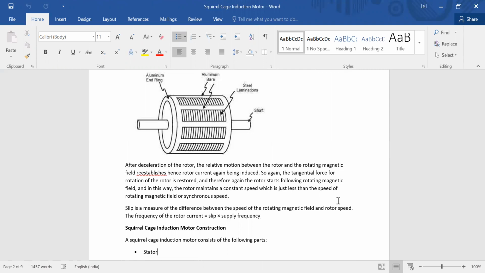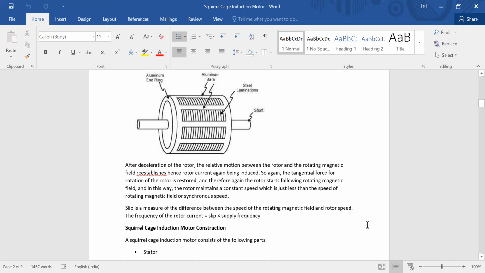There is again relative motion between the rotor and the rotating magnetic field, so the field re-establishes and the rotor current is again induced. The tangential force for the rotation of the rotor is restored, and the rotor again starts following the rotating magnetic field. In this way the rotor maintains a constant speed, which is just less than the speed of the rotating magnetic field, the synchronous speed.